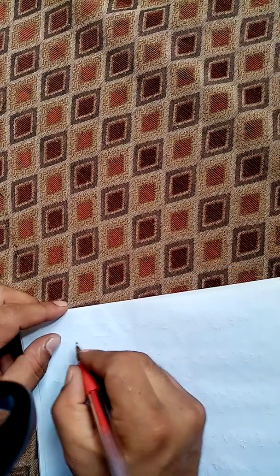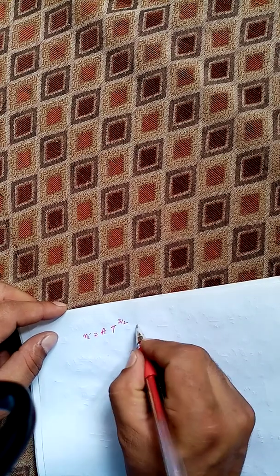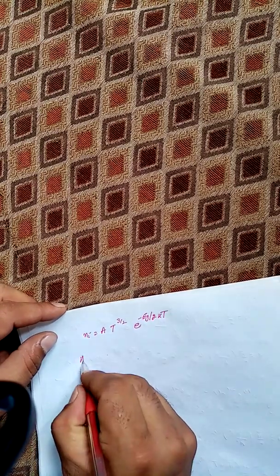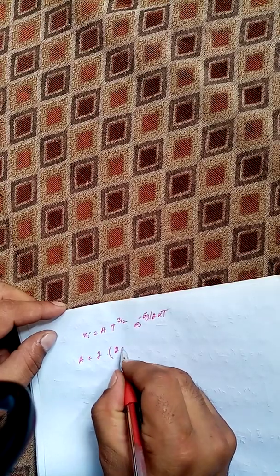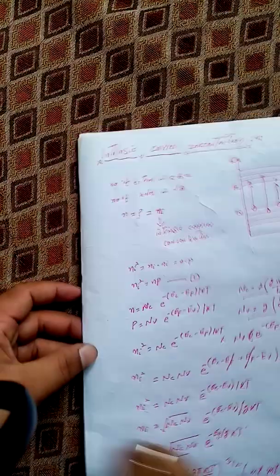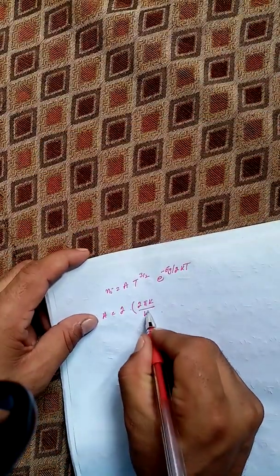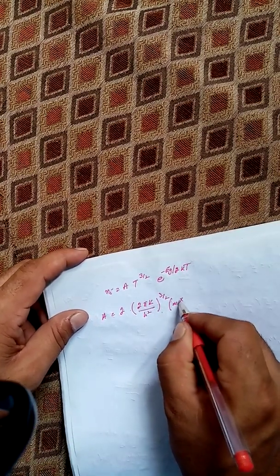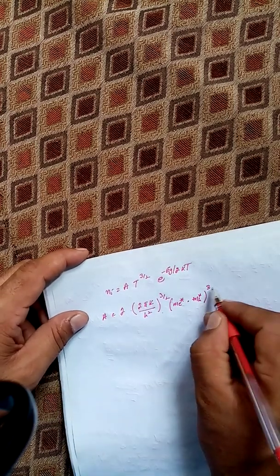Now the final expression, which I will write again, is Ni is equal to A T^(3/2) e^(−Eg/2kT), where A is equal to 2 times (2πk over h²)^(3/2), and we have me*, the effective mass of electron, into mh*, the effective mass of hole, to the power 3/4.